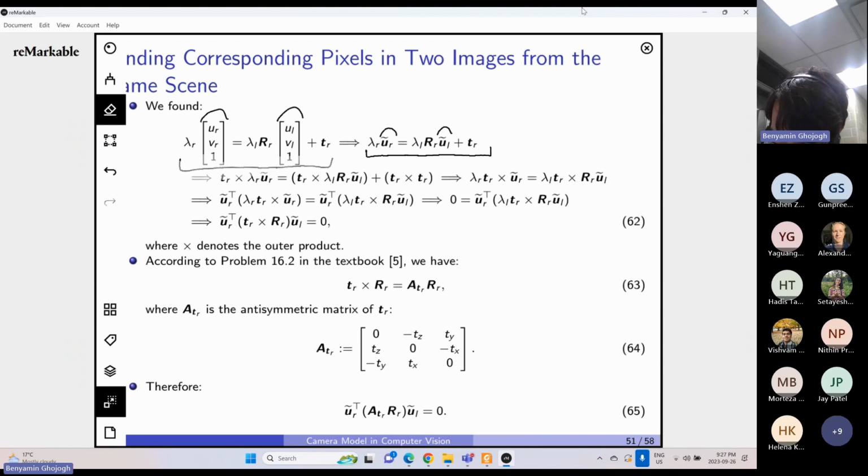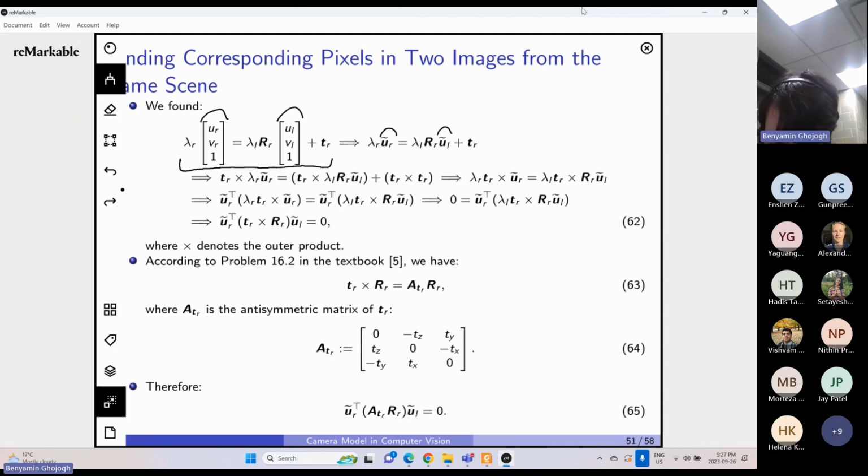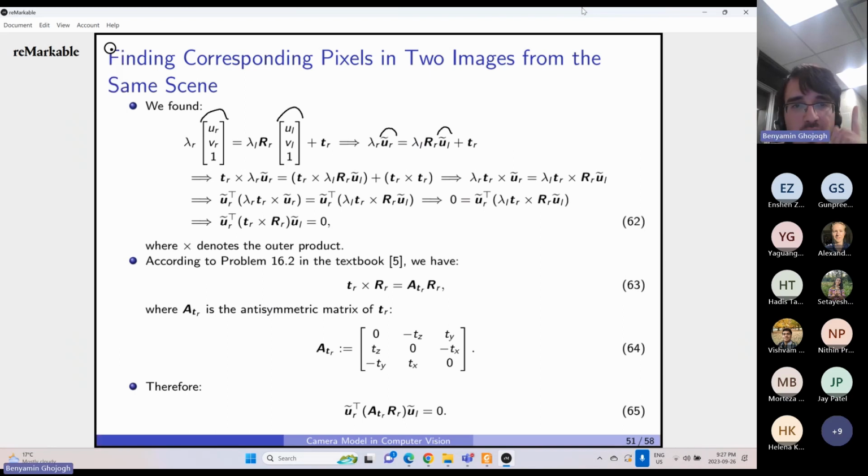Let me clean this part. Now, see what I do. Just give me a second. What happened? Sorry about that. Okay. I left multiply the sides by TR, but using outer product. You know outer product, right? With inner product, we also have outer product. Outer product of two vectors is another vector.